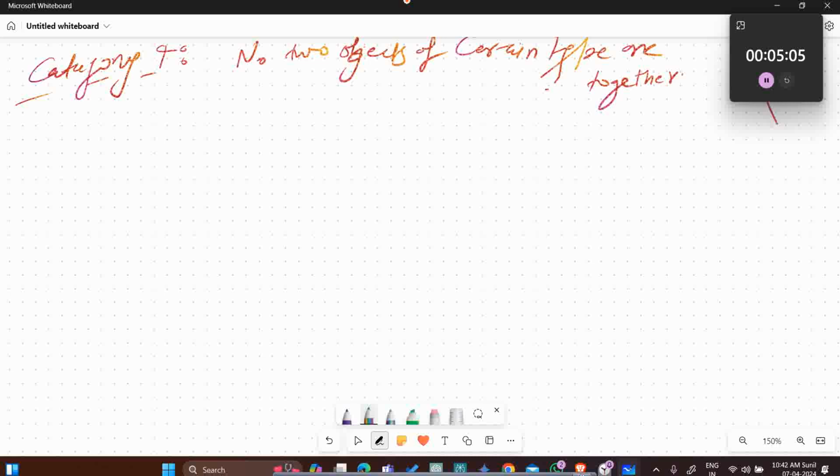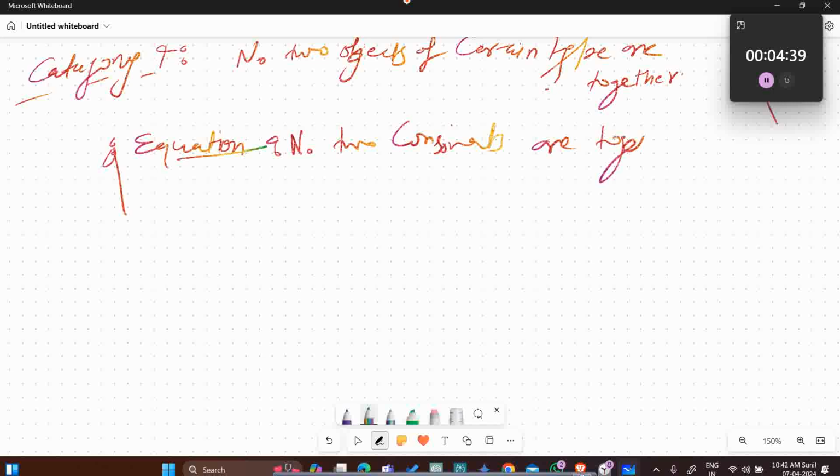What we can do for this, let's say the word is EQUATION, and no two consonants together. This is asking that no two consonants are together.